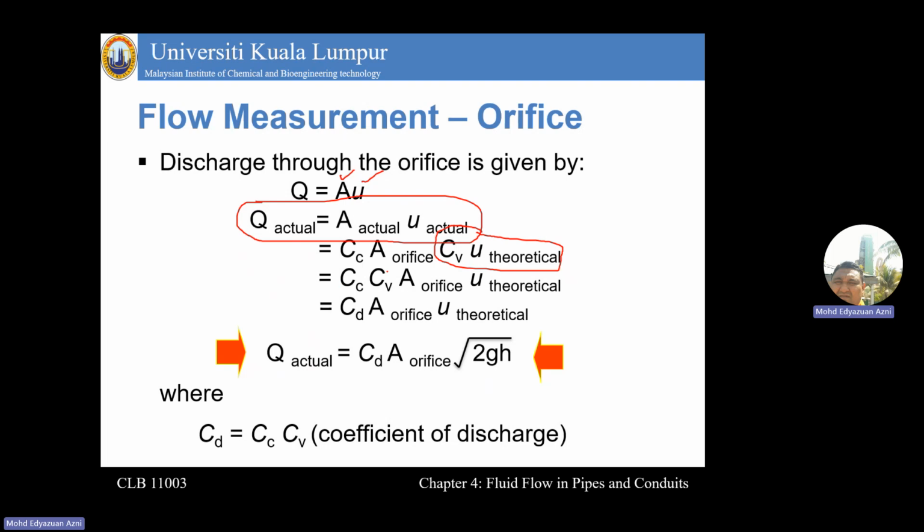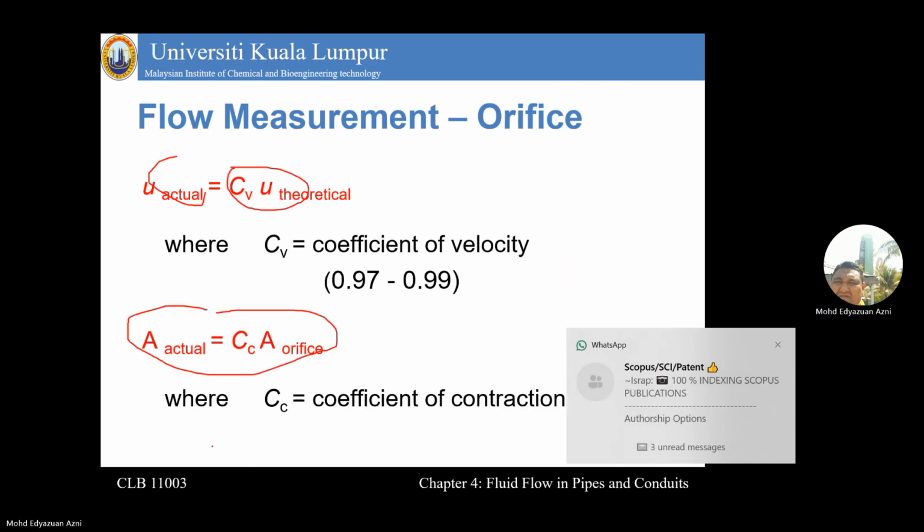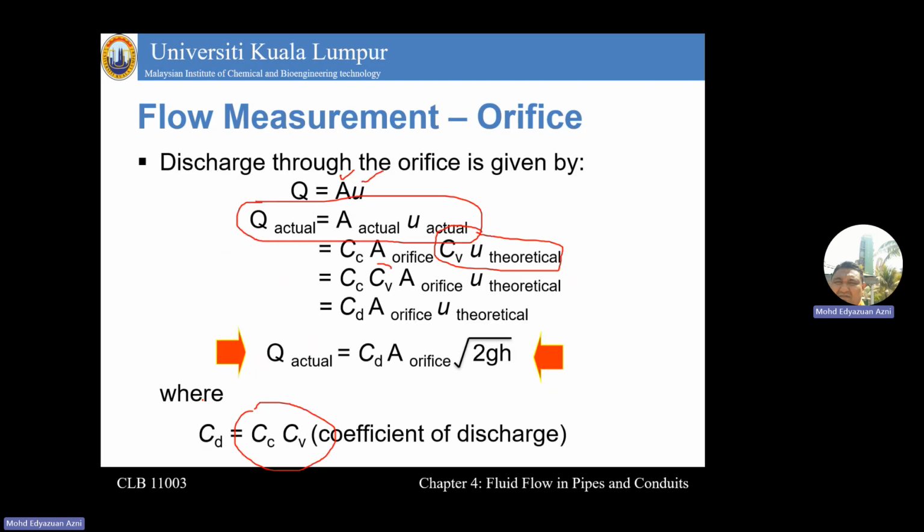Okay, and then CC times CV becomes CD, the coefficient of discharge. CC is the coefficient of contraction and CV is the coefficient of velocity. When they are multiplied together, it becomes CD.